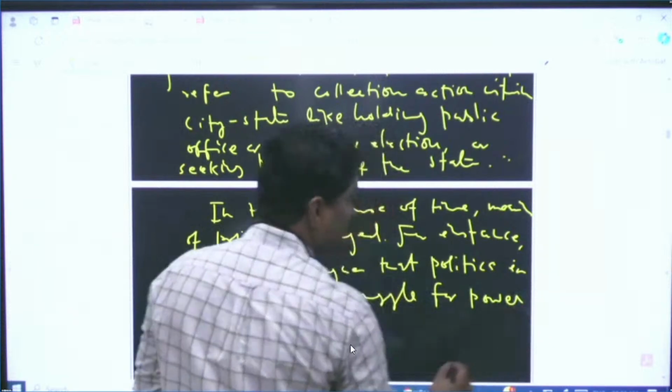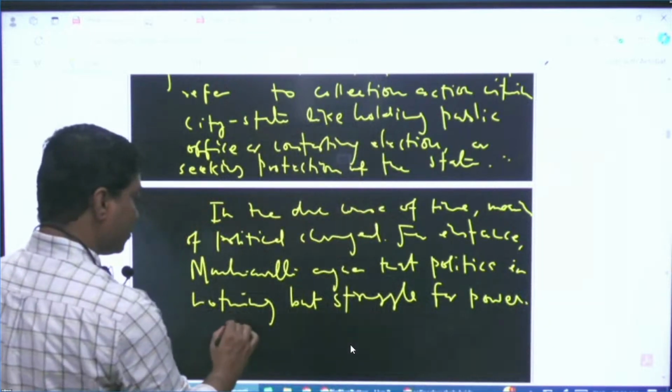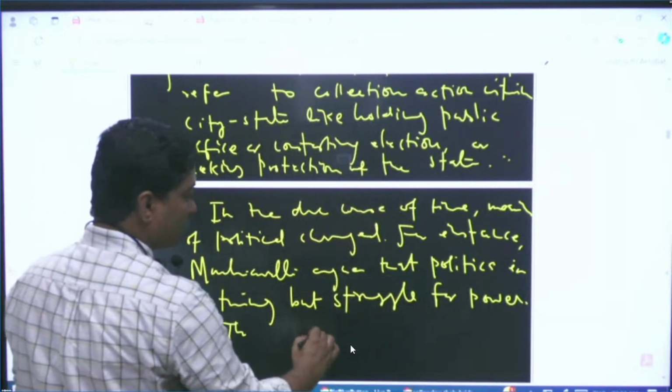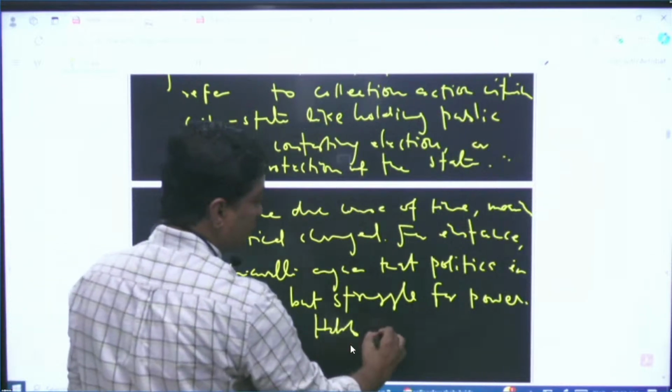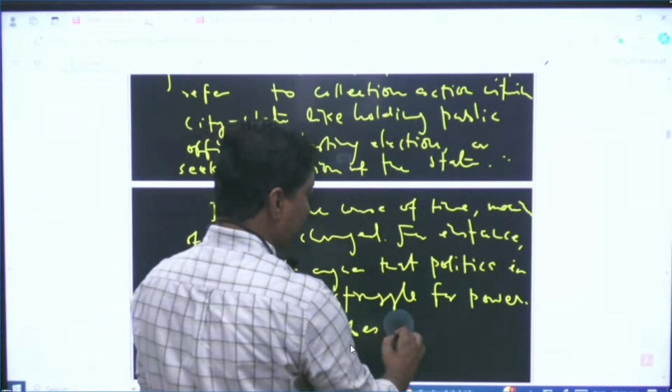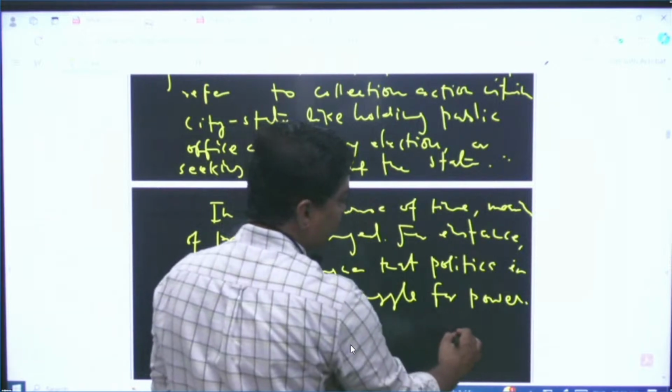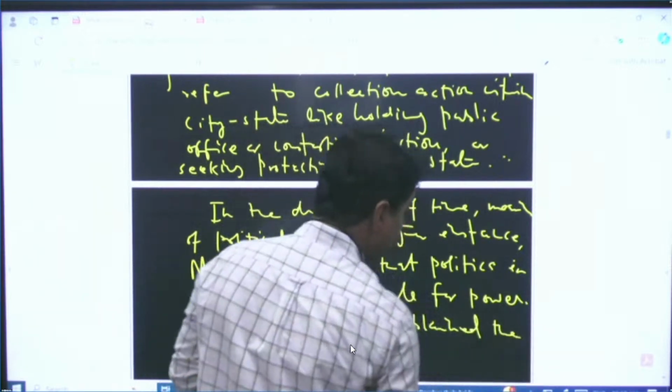Right? Or Thomas Hobbes explained the nature of man.